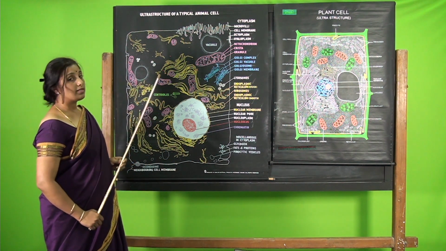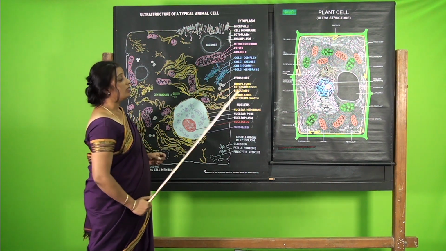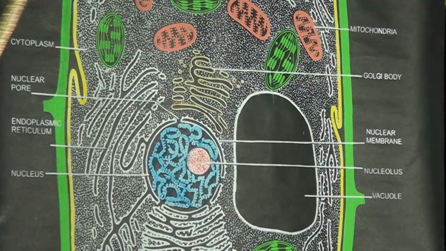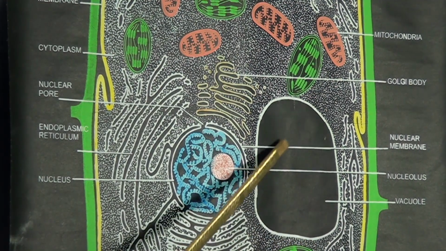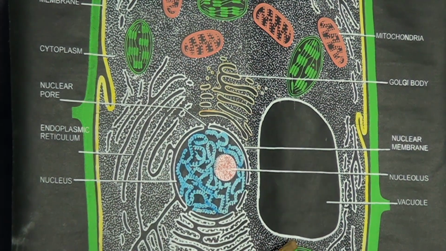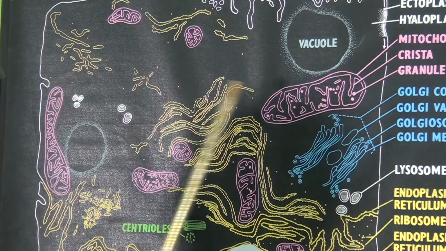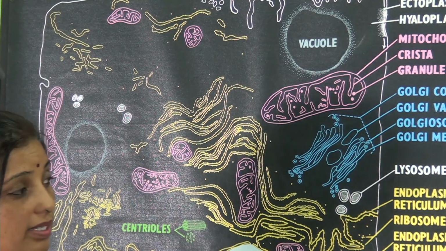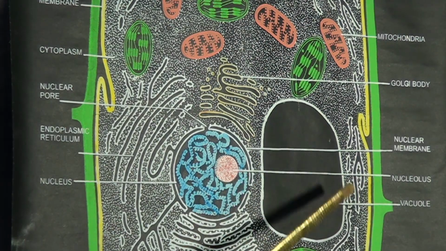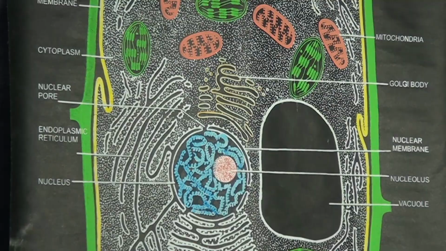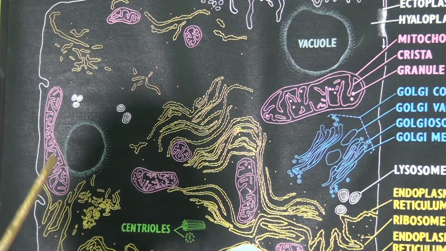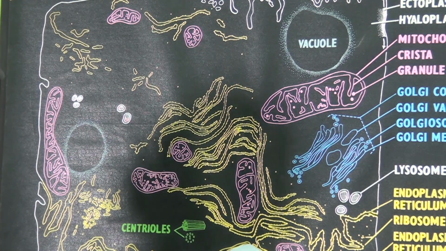And the third difference is the presence of a vacuole. Here two vacuoles are present, but the vacuole is slightly bigger when compared to the animal cell. In the plant cell, the vacuole is single. It is only one vacuole and it is bigger, whereas in the animal cell, two or more vacuoles could be formed.